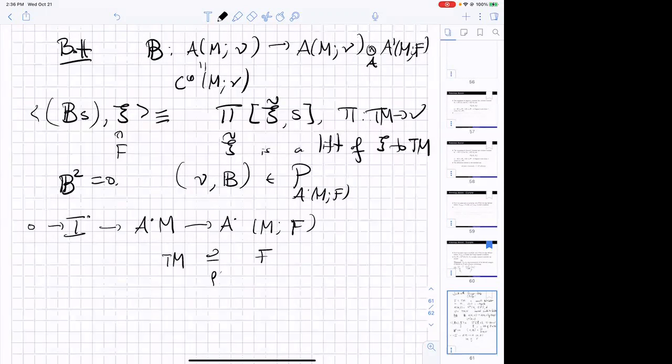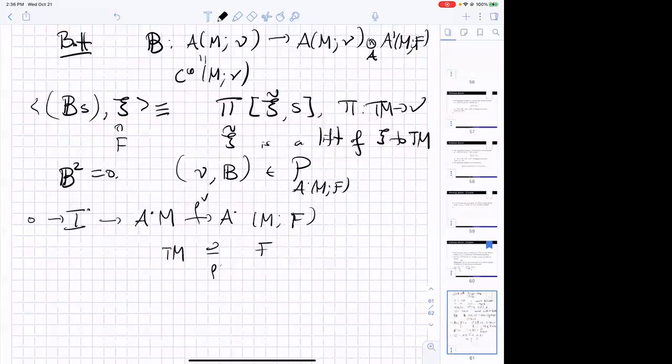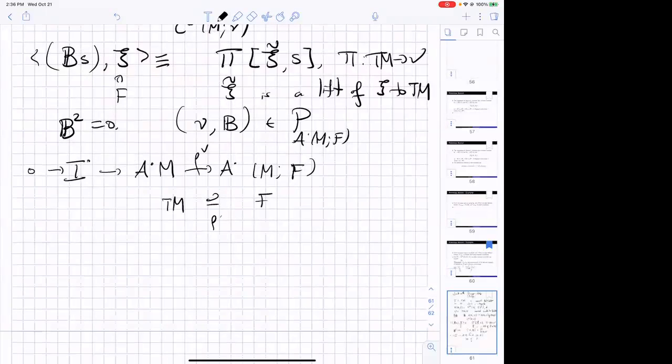I'll call the natural inclusion rho because of Lie algebroids, so I'll call this rho hat for the dual. And you have the kernel of this map. So that's a bunch of differential forms. It contains no forms in degree 0.